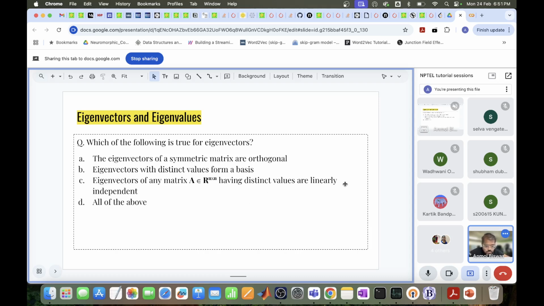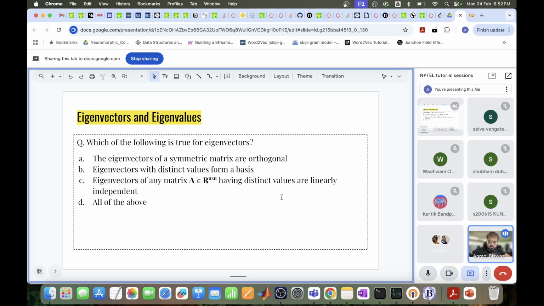Obviously, if you have distinct eigenvalues, then you will have n distinct eigenvectors, and if you have n eigenvectors that are linearly independent, then obviously they will form a basis of this R n, n-dimensional vector space.